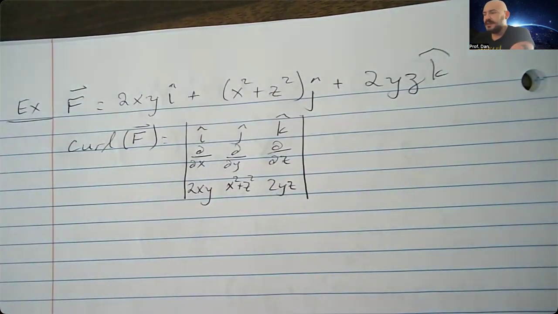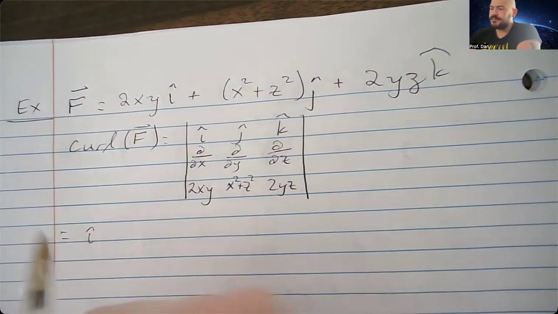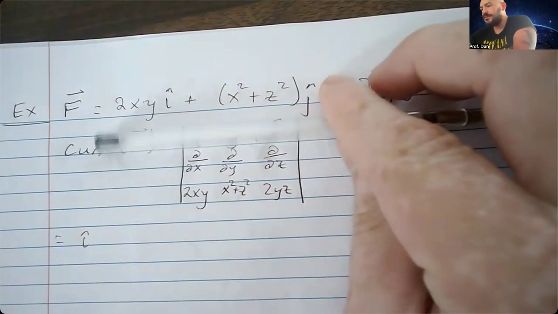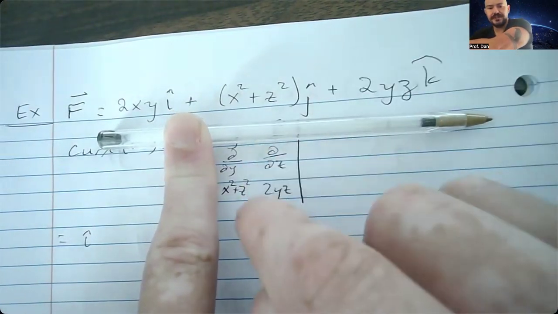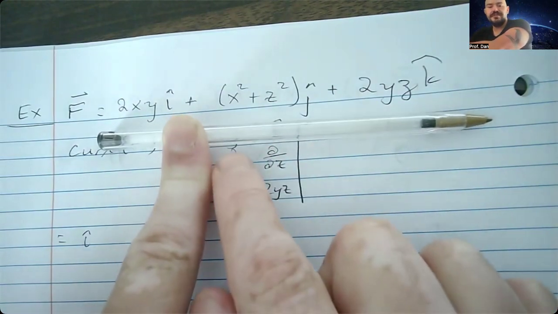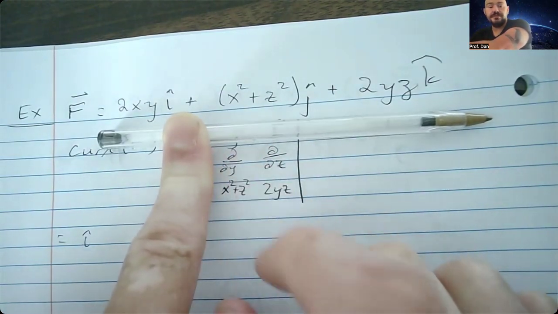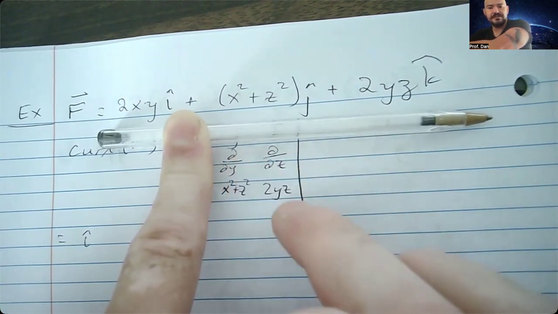Okay. So remember how this works. If I take out the first row, first column, the intersection is i, and I take the determinant of this matrix. Now, when we multiply this out, you're taking an operator times a thing.